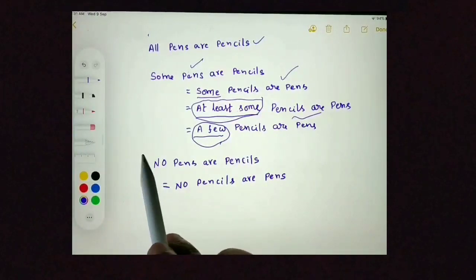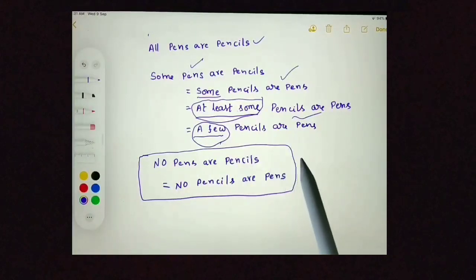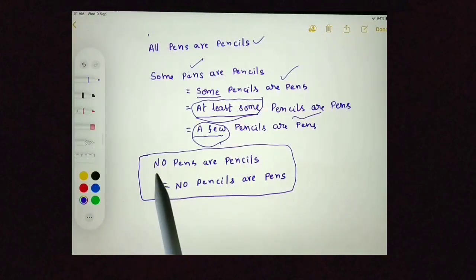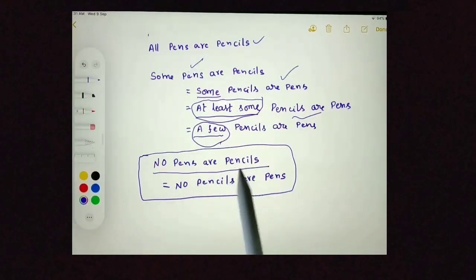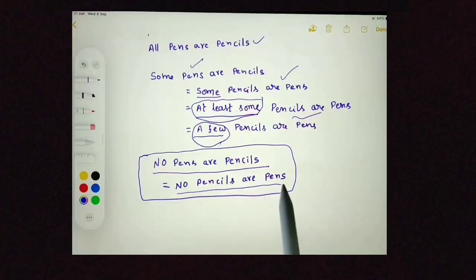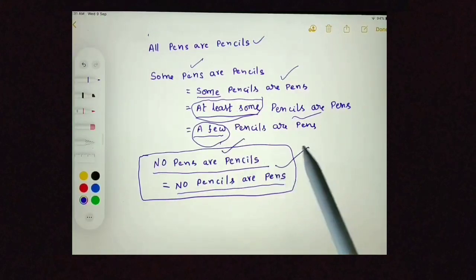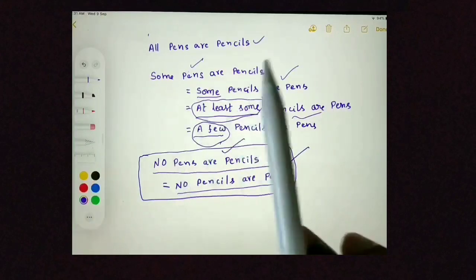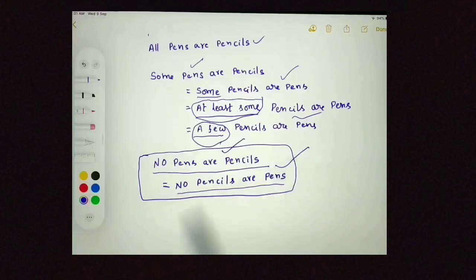This is very important because in most problems this is very helpful. We need to remember this. No pens are pencils is the same as no pencils are pens. If this is the statement and this is the conclusion, we don't need a Venn diagram. We can directly say that this conclusion is true.